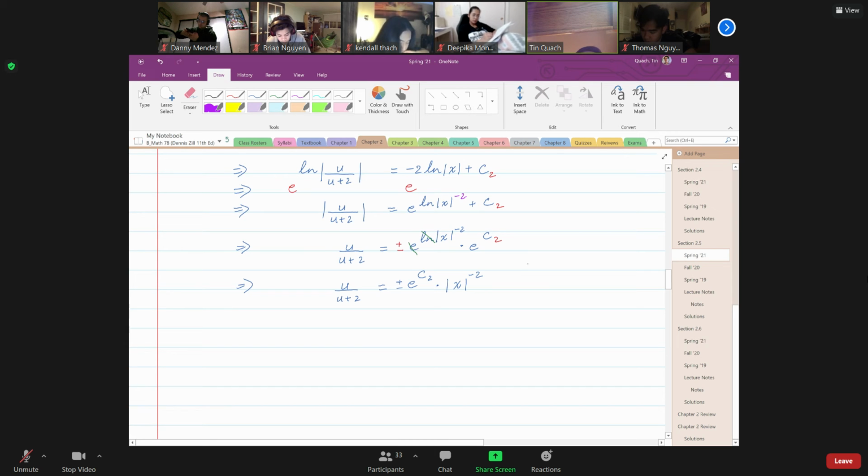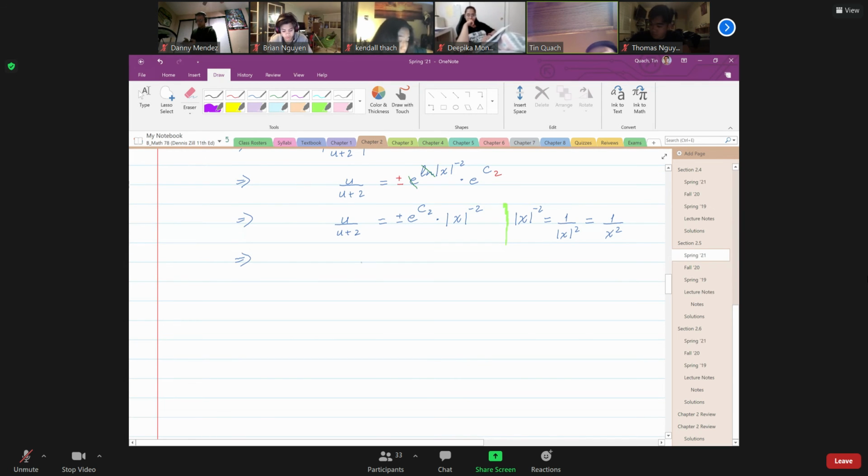Let's do some scratch work over here. But since you are squaring, the whole thing is going to be positive anyway. So you don't really need the absolute value, because regardless of whether x is positive or negative, when you square it, you still get a positive number. So that is actually this. Now we're going to go over here and rewrite.